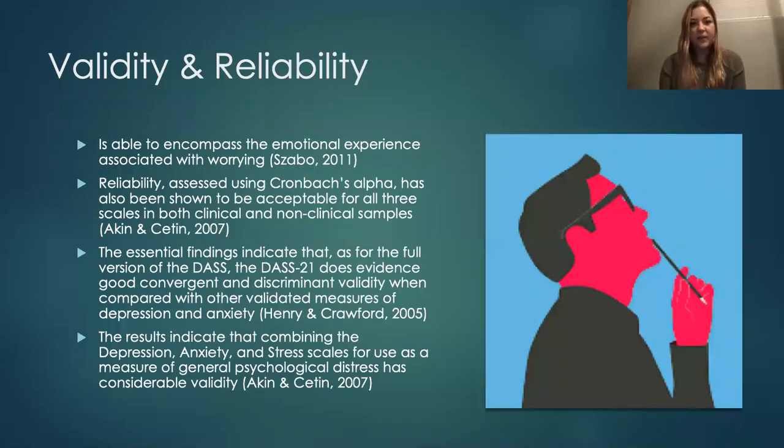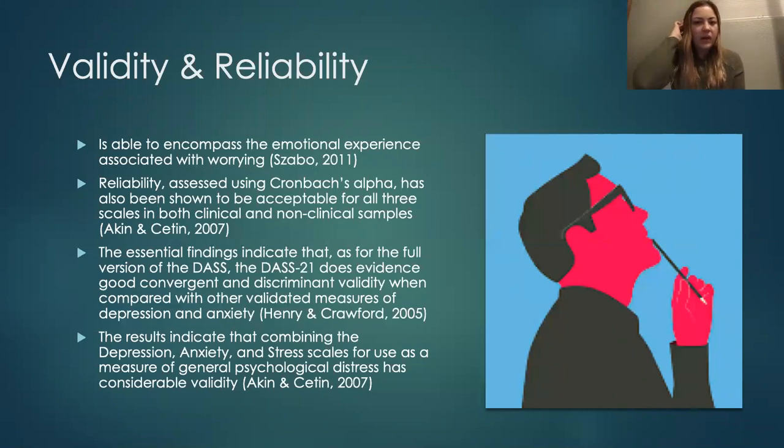Validity and reliability. The validity and reliability of the DASS is an important element because it ascertains how viable this assessment is in practice. Sabo found that the DASS is able to also encompass the emotional experience of worrying, which makes this test have an even more comprehensive approach of the test taker's psychological world. For reliability, Cronbach's alpha is a standard with which many assessments are measured.